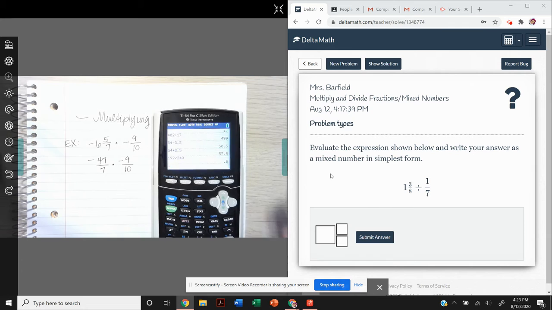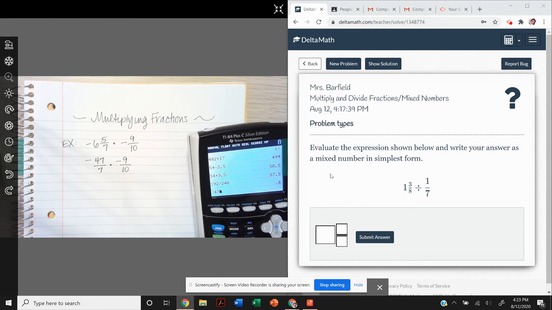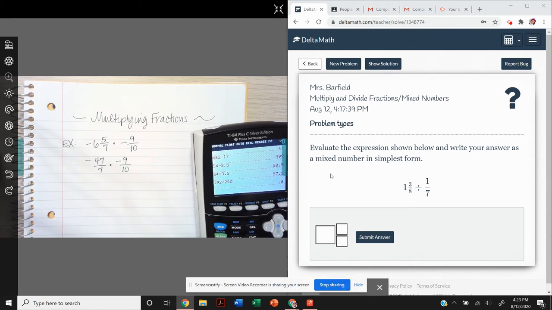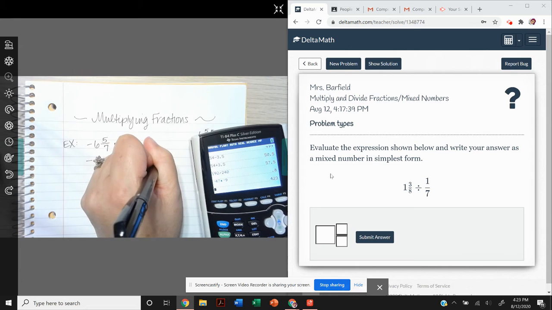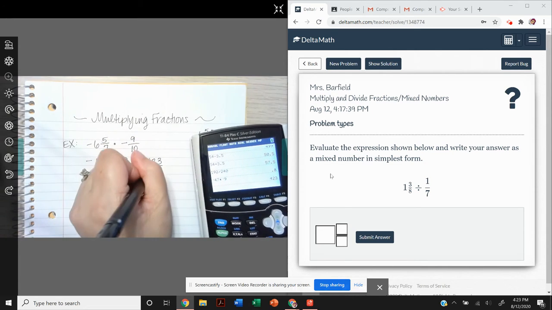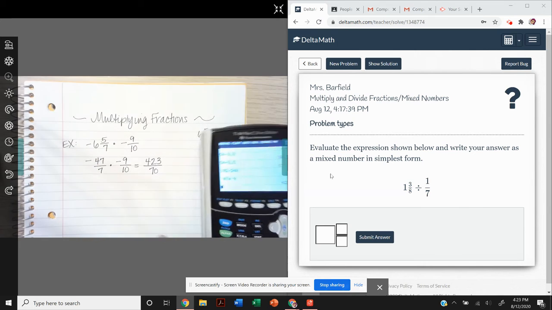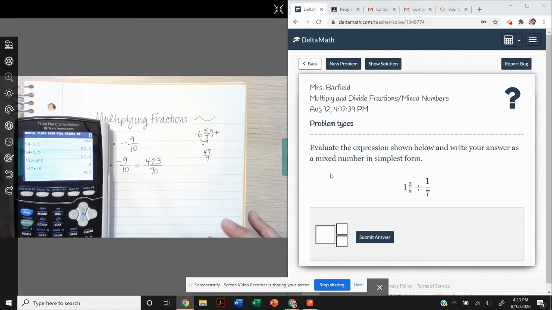You can just go on your calculator and multiply across. So negative 47 times negative 9 is positive 423, and then 7 times 10 is 70. All right, so there you go.